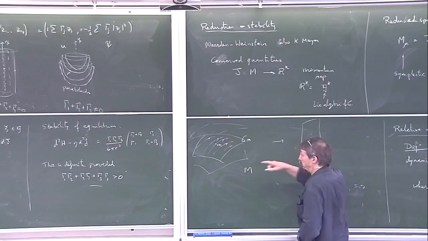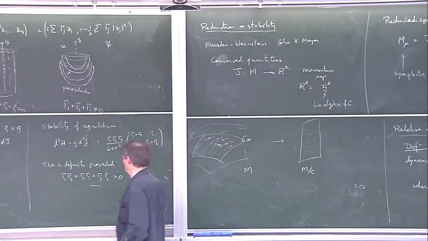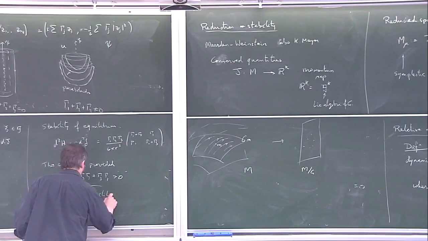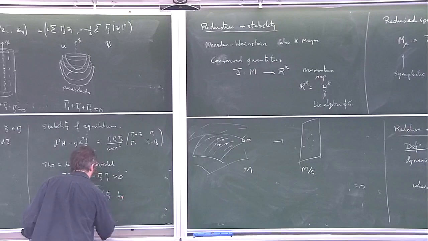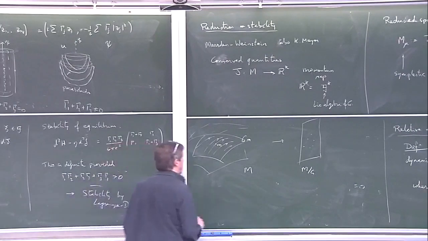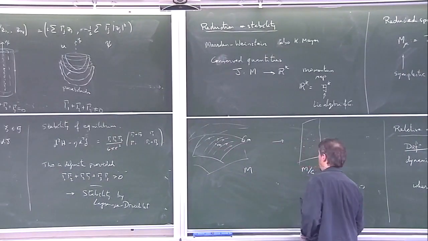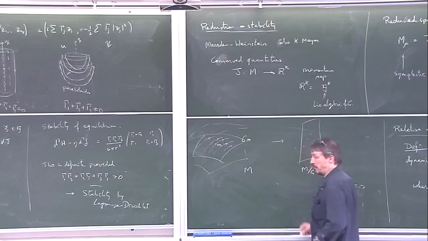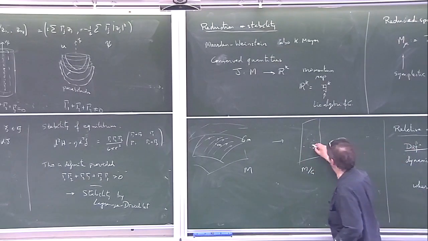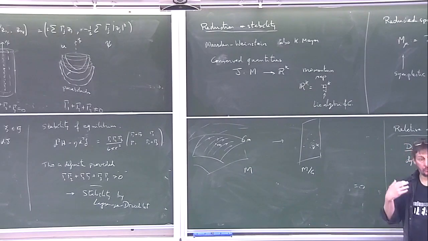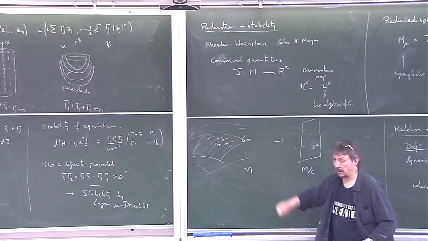So now we know by Dirichlet that there are neighbourhoods such that this equilibrium point is stable. That is Lyapunov's definition of stability. So what does that tell us about here?